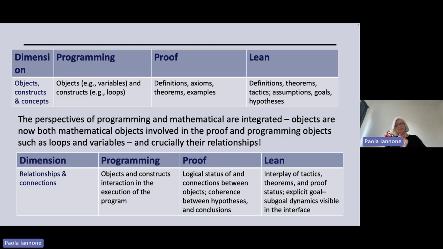One issue, which reminded me very much of what Kevin was saying before, that we are coming across also with this type of research, is that some of these things depend on the interface. When there was a shift from Lean 3 to Lean 4, we had to really rethink how, for example, the dynamics of the goals, the sub-goals, and the goal states were visible in the interface, and what was the best way to display the proofs that have been written in Lean.